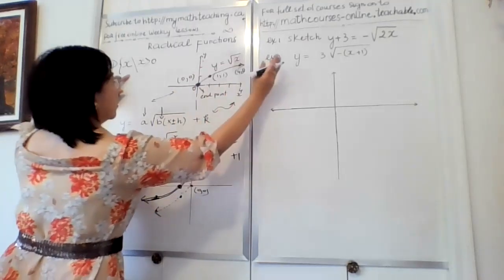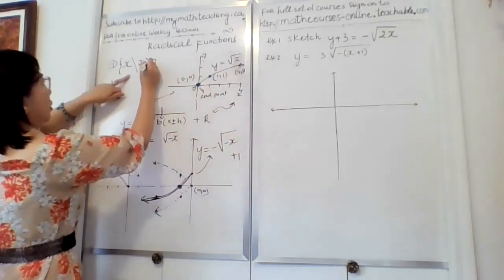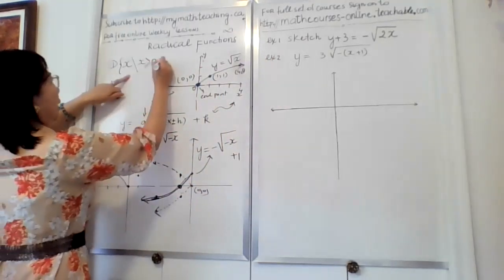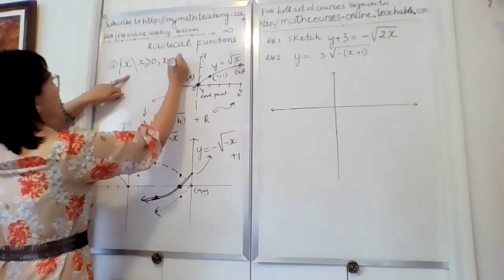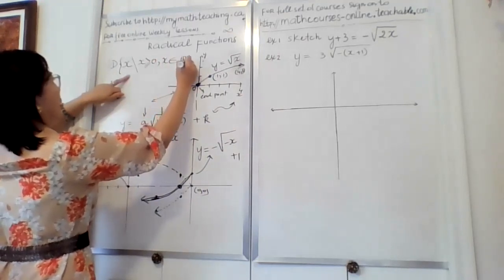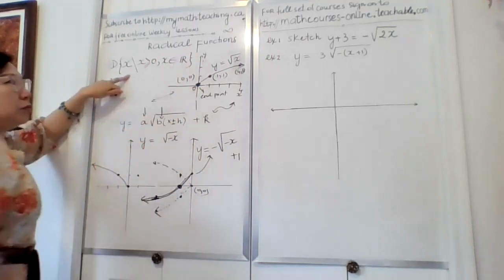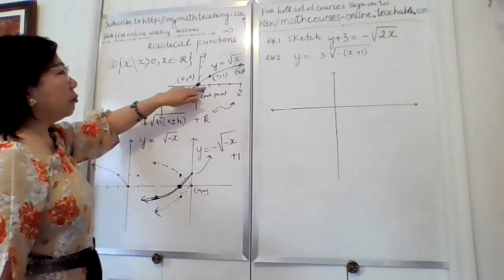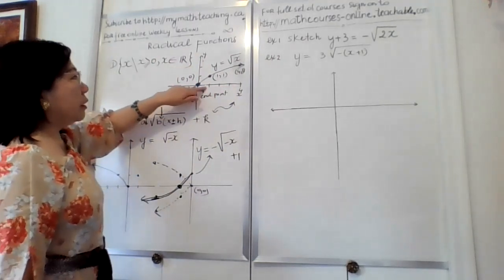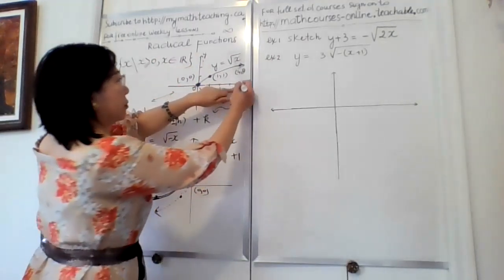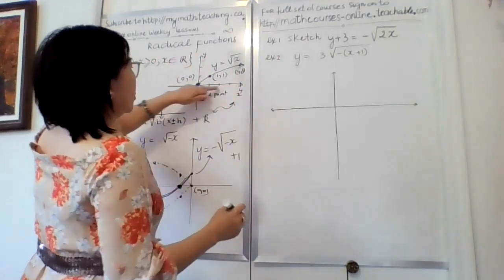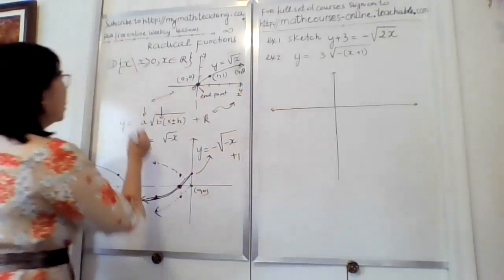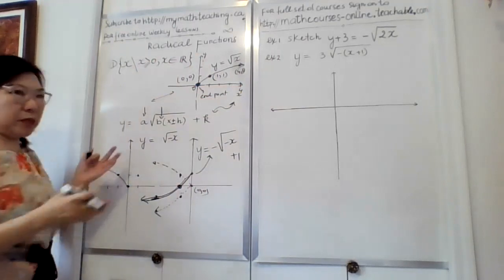And also x belongs to the real numbers. The real numbers include the irrational numbers, the decimals, any value along this axis, from 0 further. So that is about the domain.